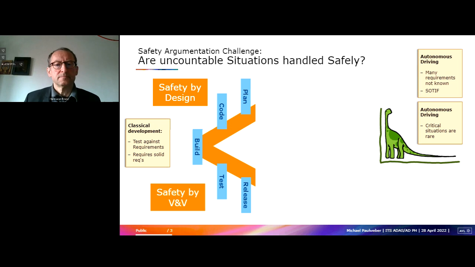The even more critical problem is that, thank God, the real critical situations in real traffic are very rare. Otherwise, you would have fatal accidents all the time, which means that just driving around won't solve the problem, because you would have to drive way too long to statistically prove that you have covered the most important or the really relevant critical situations.